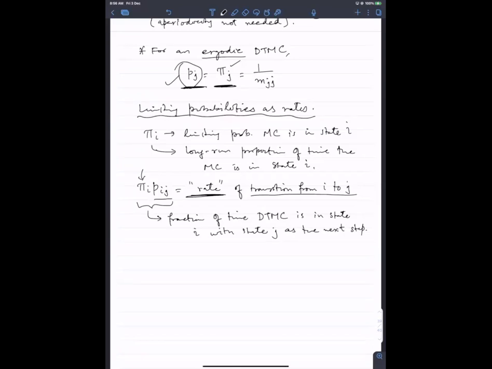So you have to go from I to J. Pi I is the fraction of time that you are in state I. Pi I multiplied by Pij is the fraction of time the DTMC is in state I and will transition to state J.